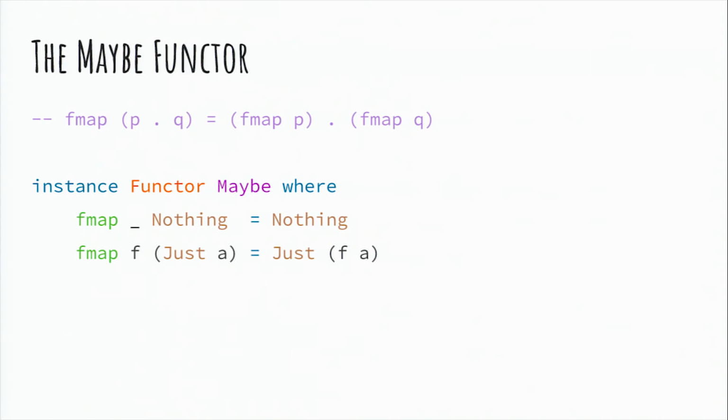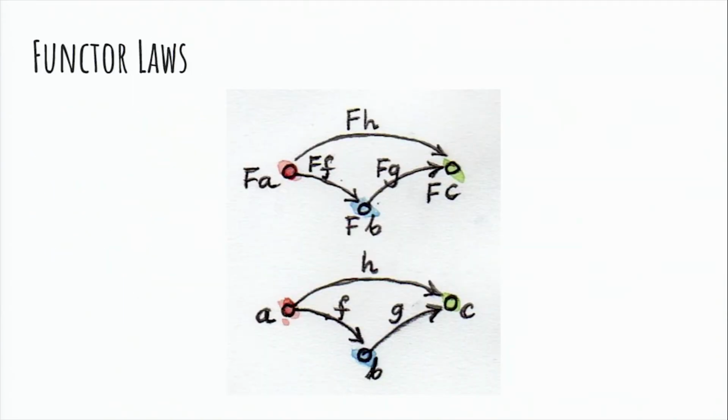The dot here is the functional composition, which means apply Q and then P. So fmap of P composed with Q must be the same as fmap P composed with fmap Q. Like this.